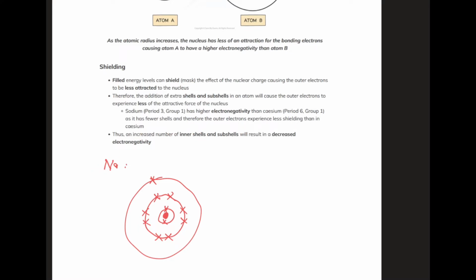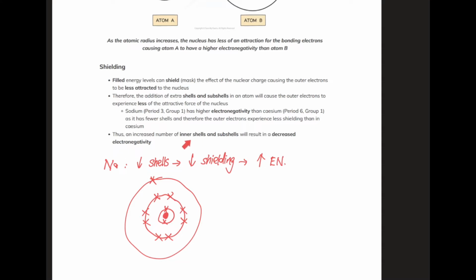So they are trying to say that sodium has fewer shells, then less shielding, then greater electronegativity compared to cesium. Thus, an increased number of inner shells and subshells will result in a decreased electronegativity.